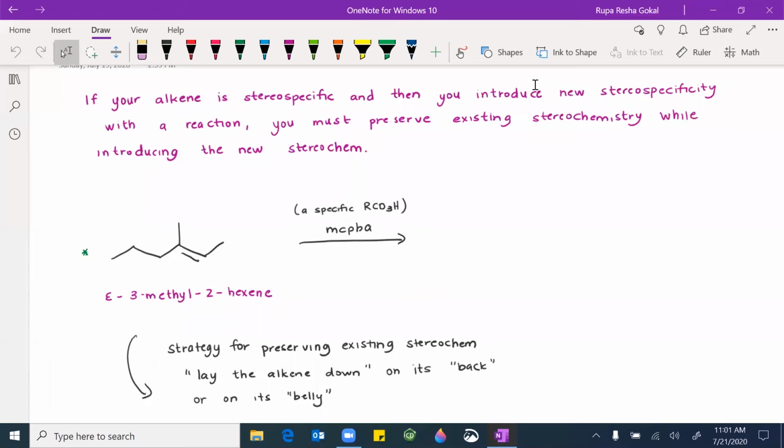The methyls right here are on the same face, if you will, and then this propyl and this hydrogen that I haven't drawn in because it's skeletal are on the same face. And if I'm going to start with a stereospecific double bond, I have to preserve that stereochemistry while also introducing new stereochemistry that's associated with the reaction that I'm doing.